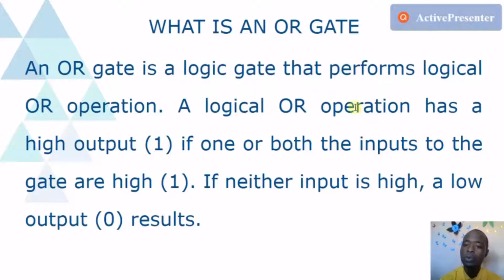A logical OR operation has a high output, 1, if one or both of the inputs to the gate are high, represented by 1. If neither input is high, a low output, 0, results.